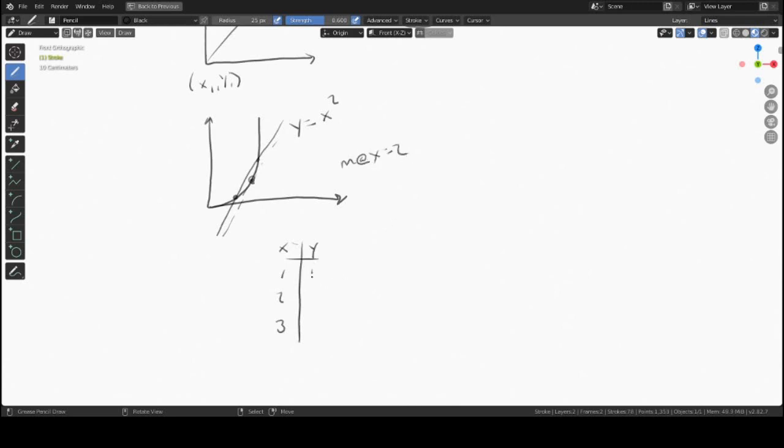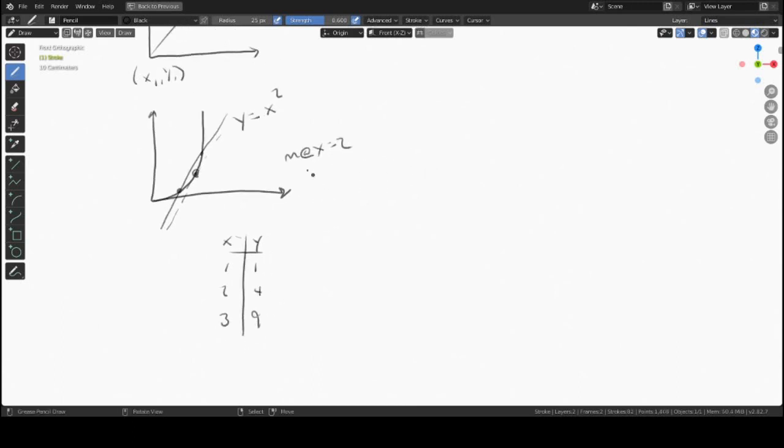So we have 1, 4, and 9 on this side. Let's pick these two points and use them in our formula for the slope.